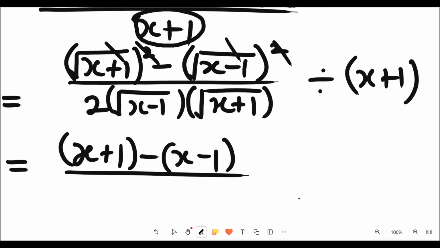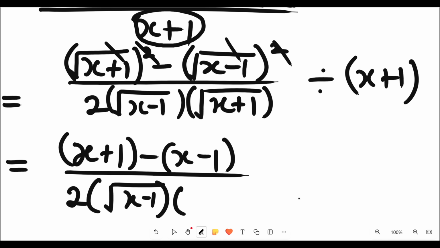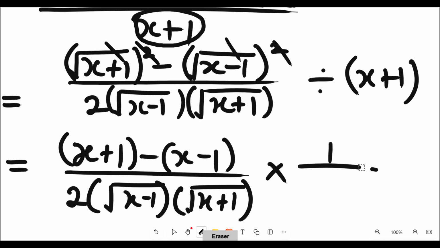Then we have the denominator to be 2 multiplying the square root of x minus 1 multiplying the square root of x plus 1 nicely. Then we change the division sign to multiplication, so it's going to be times the reciprocal of x plus 1. So it becomes 1 over x plus 1.